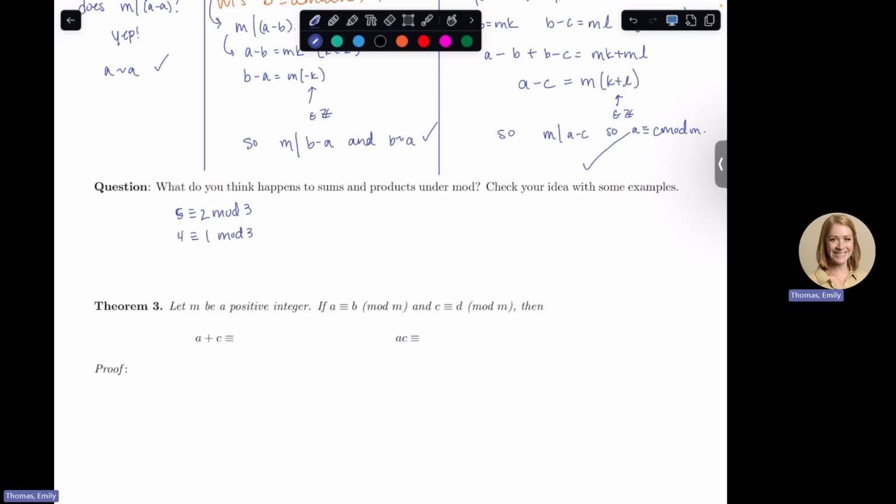What happens if I multiply 5 and 4 mod 3? What is the remainder when you multiply mod 3? Like, what's 20 mod 3? It's 2.